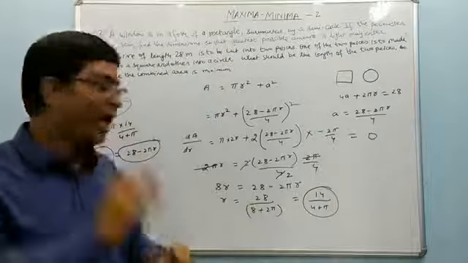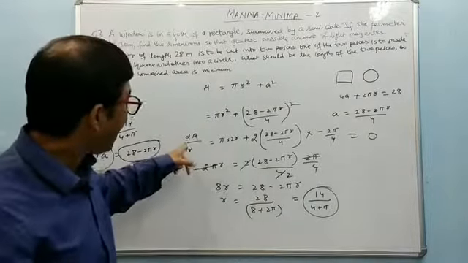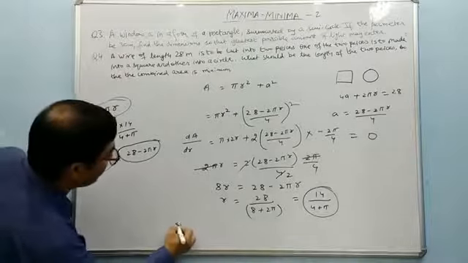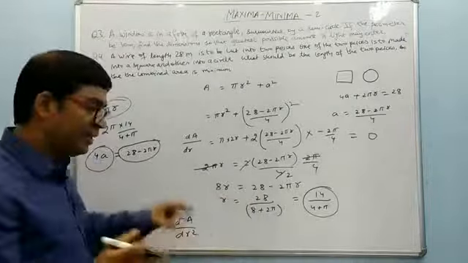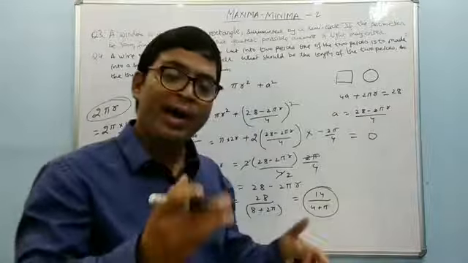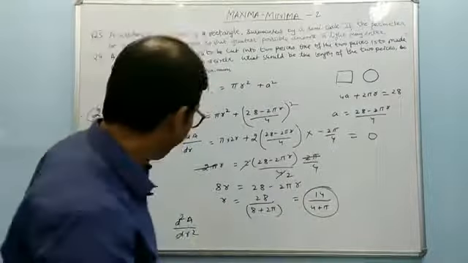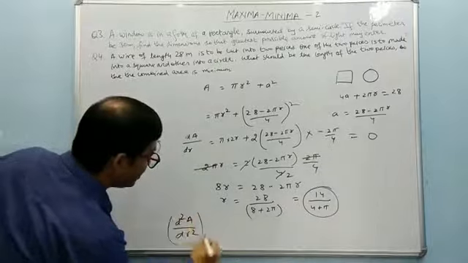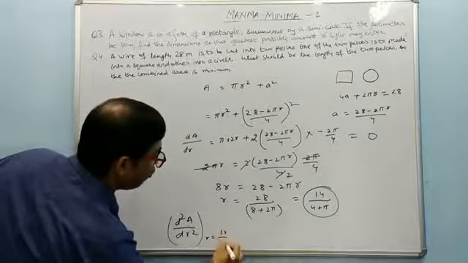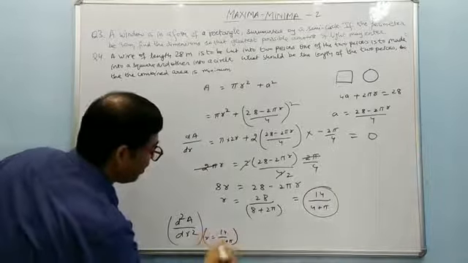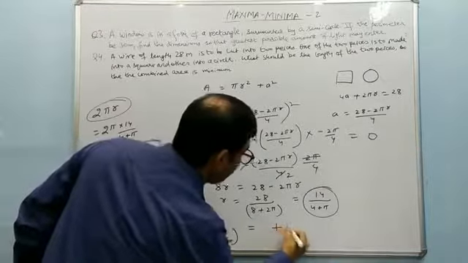But one thing we have to do once again: we have to double differentiate, d square A by dr square, and at this particular value we have to check what it comes out to be. You will see that at this particular value, that means at r equal to 14 by (4 plus pi), it will come out to be positive.